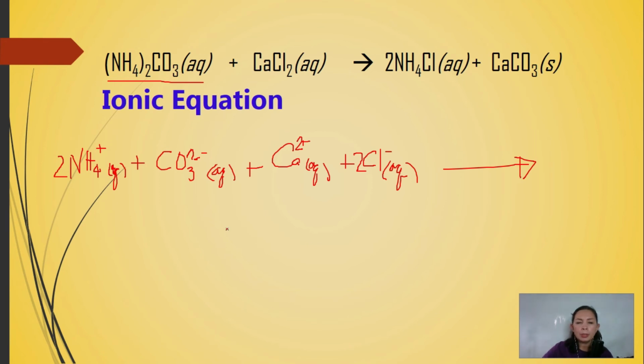For ammonium chloride, we need to write 2 ammonium ions because of the coefficient. NH4 positive. Then this is also AQ. And then chlorine. We have 2 chlorine because we have here a coefficient of 2.